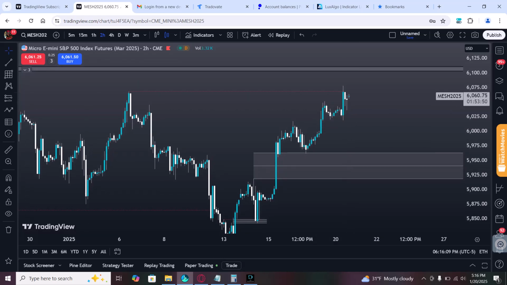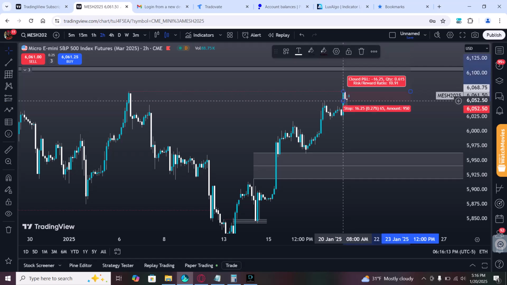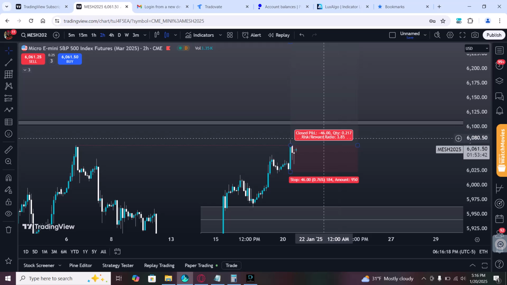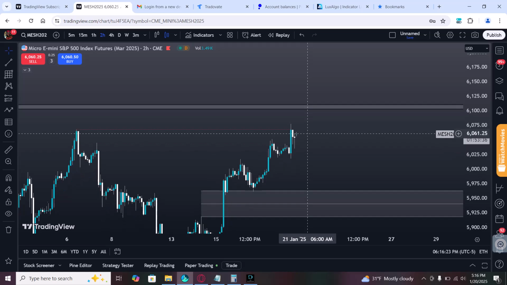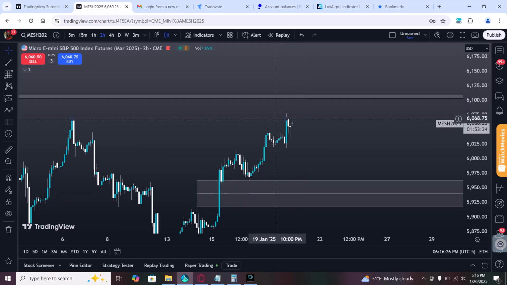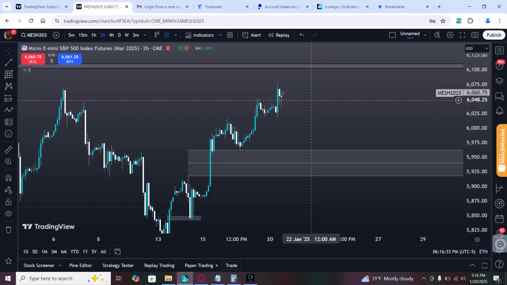A lot of people will put their buy stops above that point. They say, okay, if the price gets there and it breaks that high, I want to get in. But what happens? A lot of people get trapped. That's what happens. So they're definitely going to take a sell position shortly after it breaks this low and go from there. And I'll keep you guys updated.